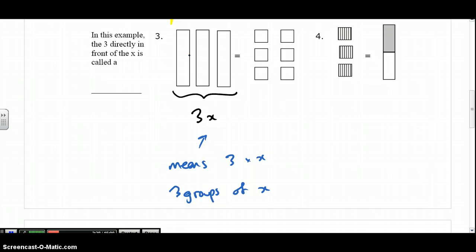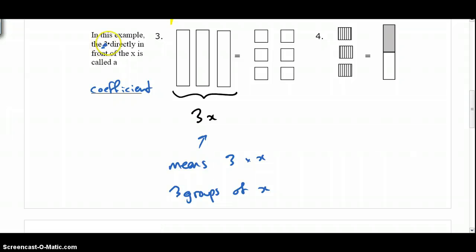We can also talk about that 3 as a coefficient. That's a word you're going to hear kicked around in this chapter. This 3 in front of x means 3 times x, means 3 groups of x, and it's referred to as a coefficient.